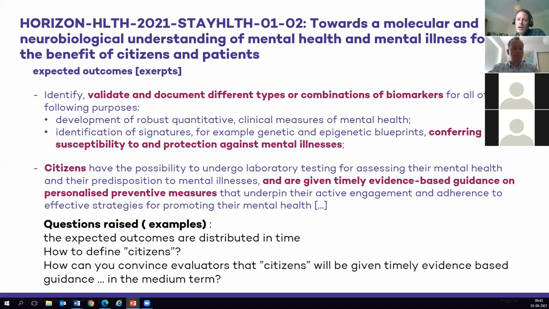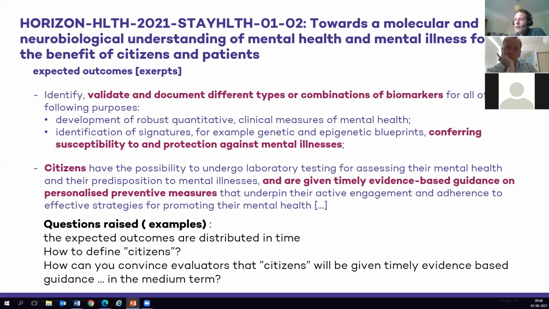This is something that speaks to researchers. This is their business. Usually they will have a good idea on how you could actually deliver on that outcome. This outcome would probably be something that you could deliver during the project's lifetime.